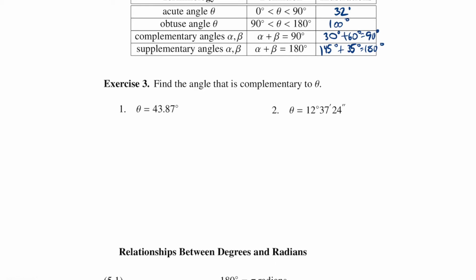They say find the angle that is complementary to theta. In order to find an angle that's complementary, you need to find a different angle whose sum would be 90. So what we can do is subtract this angle from 90 degrees. You can just use your calculators for this.